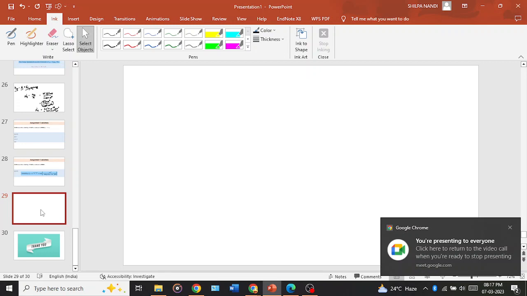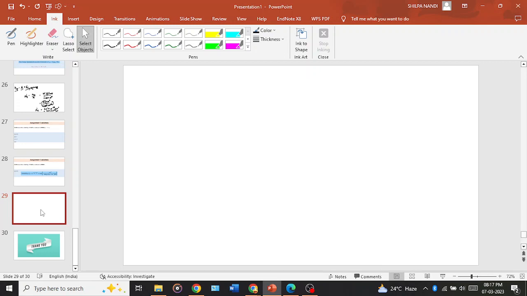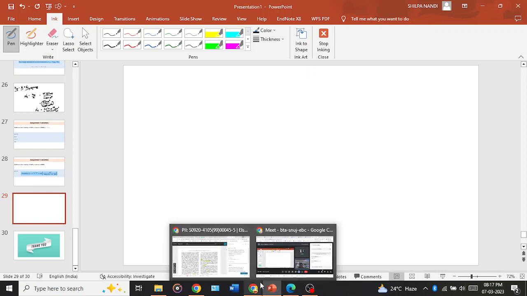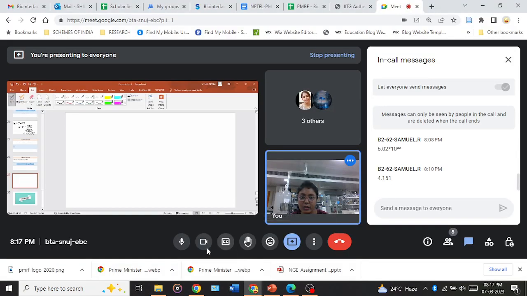I have space here. So select the pen. Okay. So referring to the previous equation, just give me a minute. This pen is not working.